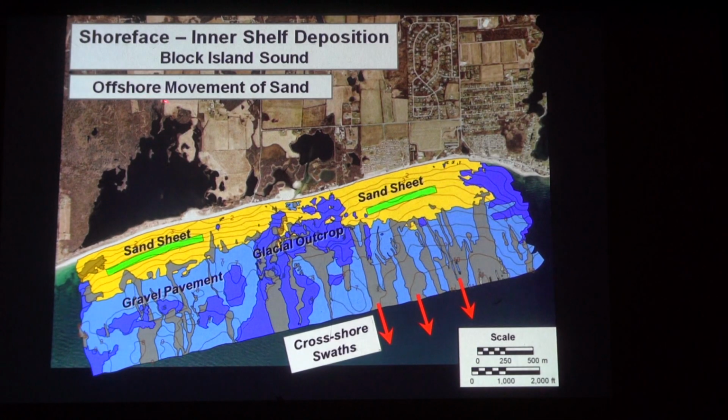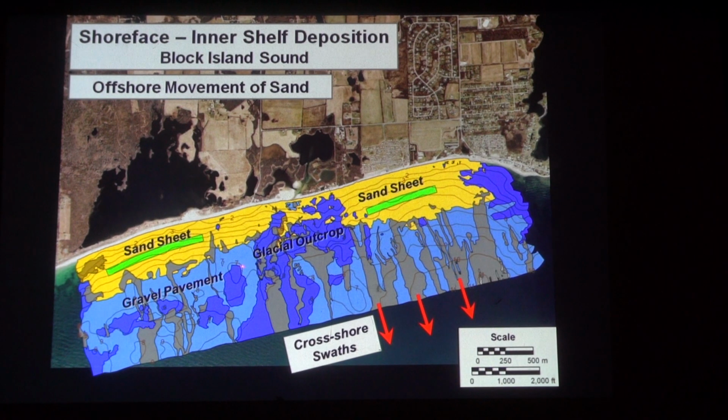But out here on the shore face, this is the part that's below mean low water. We have maps of some of the part of the shore face, not all the way out here, but we know there's a sand sheet out here, so when some sand erodes off the beach and comes back in a few weeks, it's out here in this yellow part. The blue part are old glacial deltas. Notice the gravel pavement here.